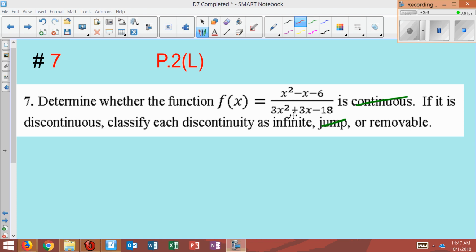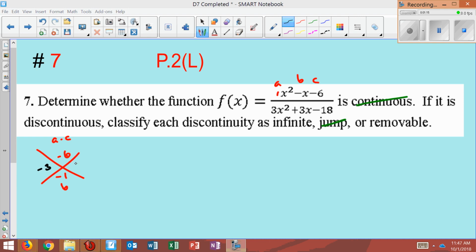So here's what we do. We need to factor these to find out what's infinite and what's removable. So I want to factor both the numerator and the denominator. I'm going to do the numerator first. We could say, what are factors of a times c that add up to b? In this case, my a is 1, so 1 times -6 is -6. My b is -1. What are factors of -6 that add up to -1?